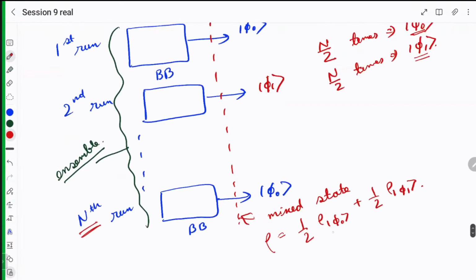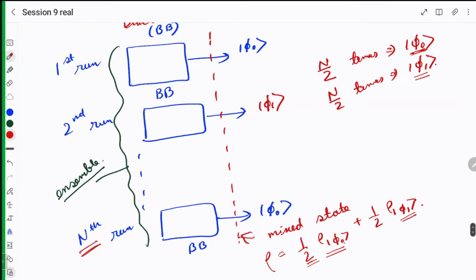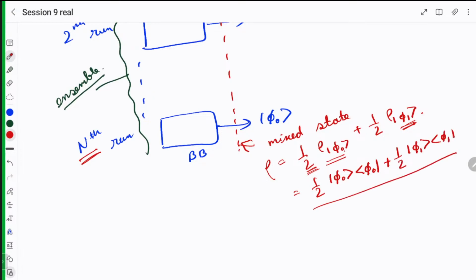So I would take the density matrix corresponding to the pure state phi naught and the density matrix corresponding to the pure state phi 1, and combine them according to the probabilities with which they are present. For example, phi naught was present with half probability, so half rho phi naught plus half rho phi 1. And as we defined just a while ago, you can write this as half the outer product of phi naught plus half the outer product of phi 1.